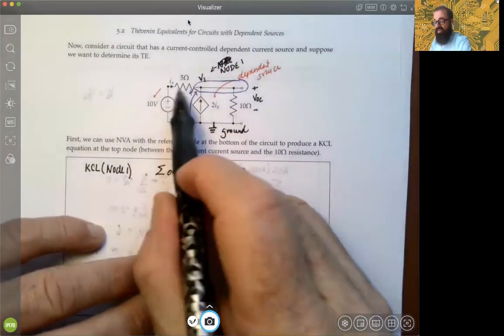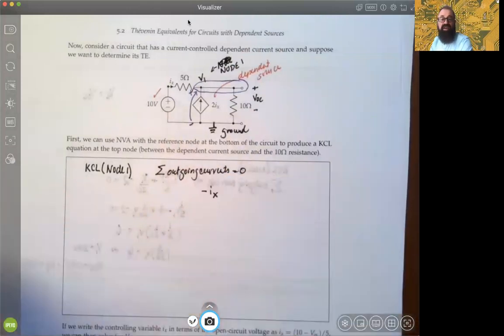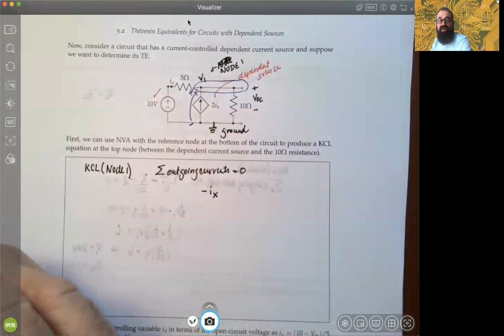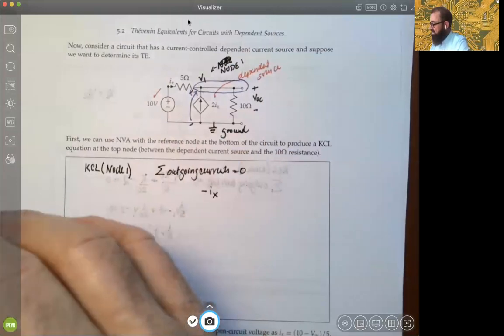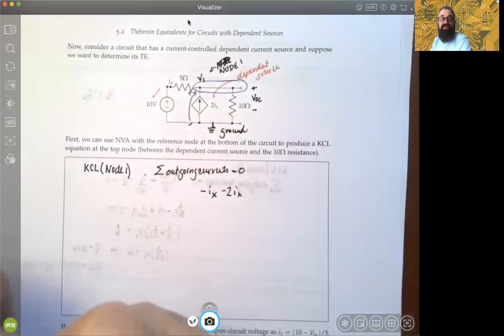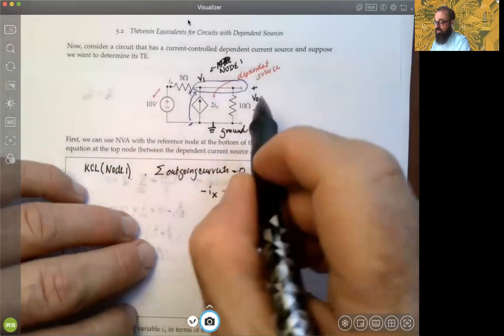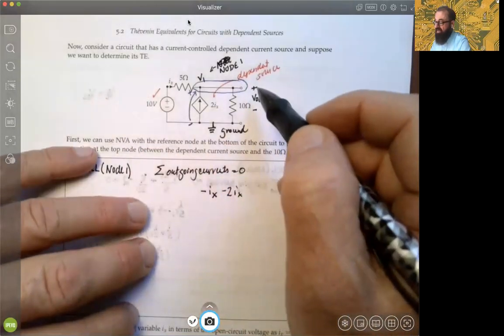Well, if IX is an incoming current, then clearly outgoing from V1 must be negative IX, right? And then the same logic says we have minus 2IX because this incoming dependent source is incoming, not outgoing.